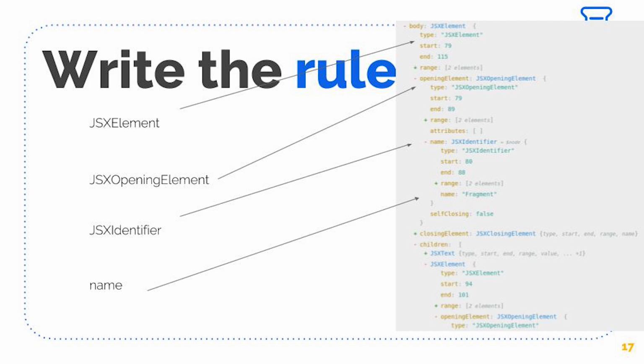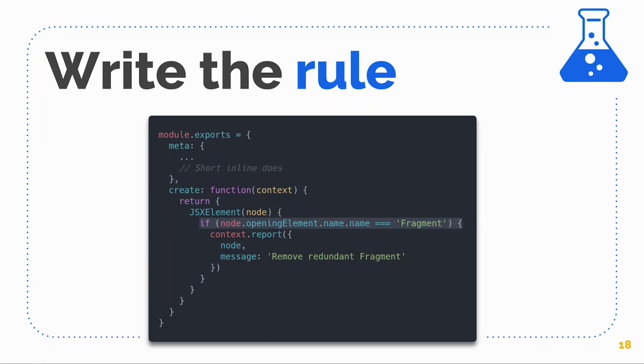So now we know how to spot a fragment: openingElement.name is the string Fragment. So the AST is just a JavaScript object, and rules are just plain JavaScript, so writing our rule is quite easy. node.openingElement.name is Fragment. And then we can see that our test is passing.